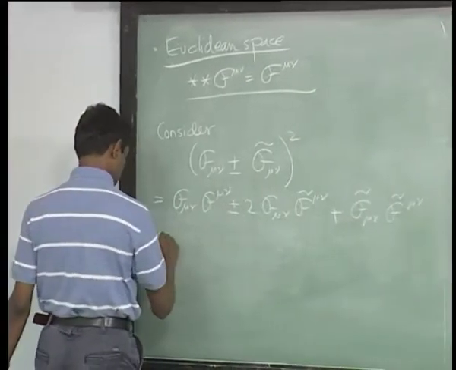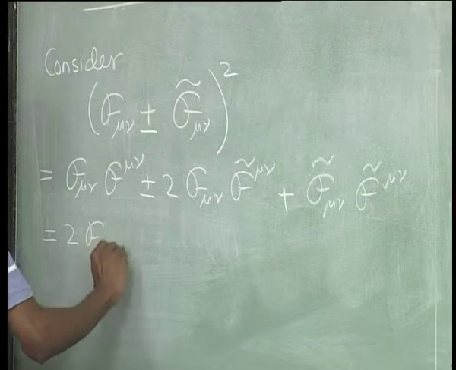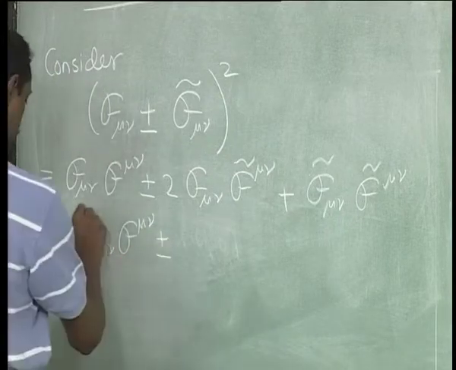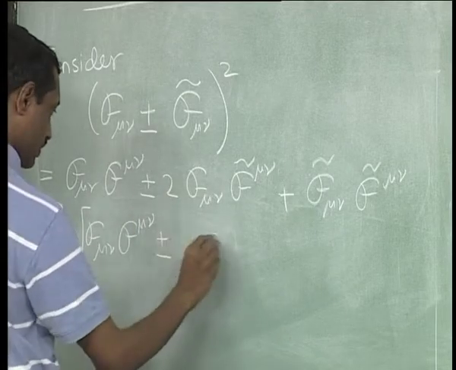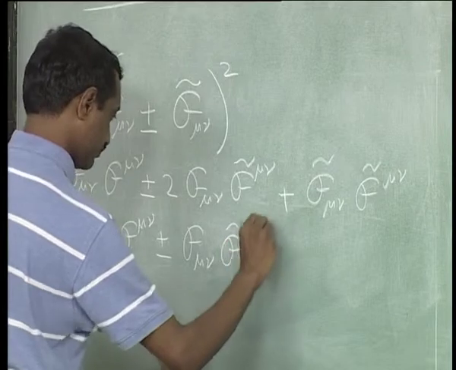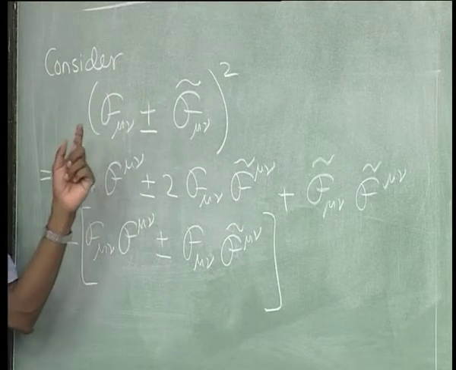So I can rewrite this as 2 times this. But this object is positive definite.